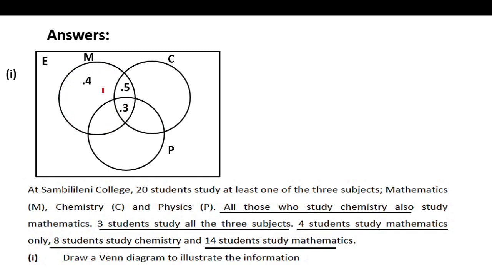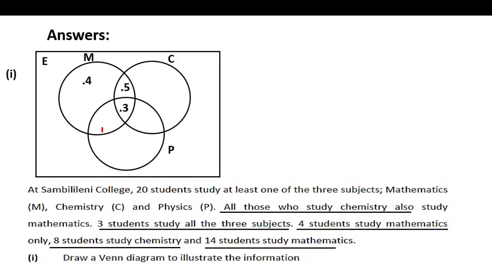Now we have those that study mathematics only, 4. Those that study maths and chemistry, there are 5, which gives us 9. Those that study all of them, there are 3. So 9 plus 3 is 12. Now we are told they're supposed to be 14 here, so we are remaining with 2.